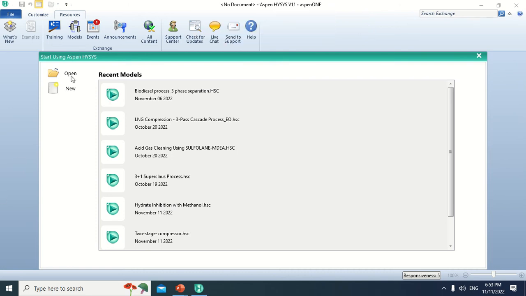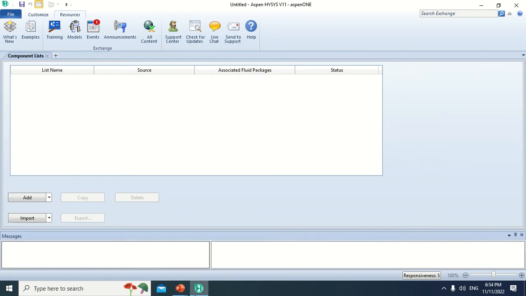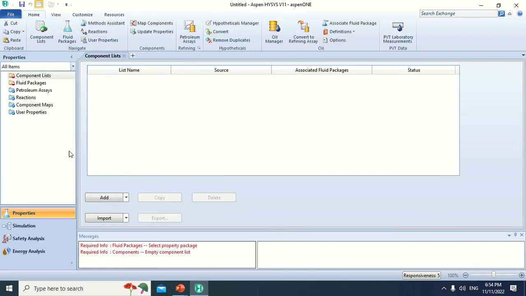Yes, I choose new file, click on it. Yes, and now I'm going to add components.